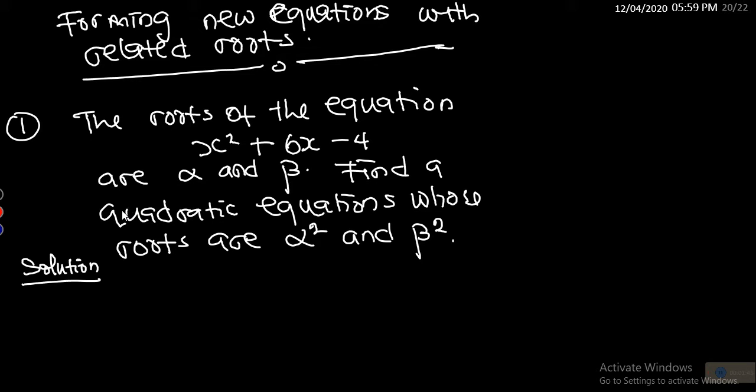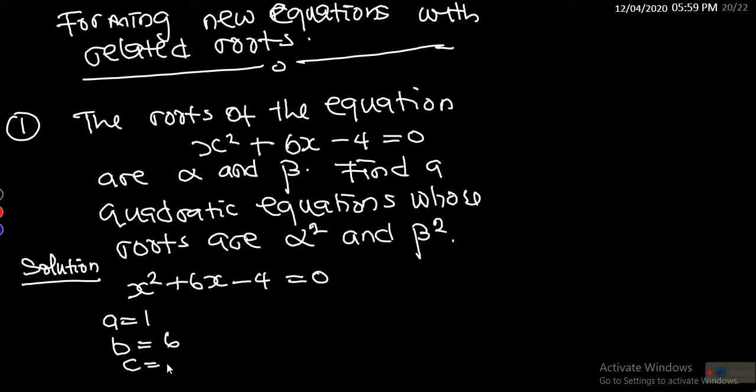Example 1. The roots of the quadratic equation x squared plus 6x minus 4 equals 0 are alpha and beta. Find a quadratic equation whose roots are alpha squared and beta squared. Remember step by step, guys. Step 1 is to find the sum and product of the roots of the given equation. Comparing with the general form, a equals 1, b equals 6, and c equals minus 4.